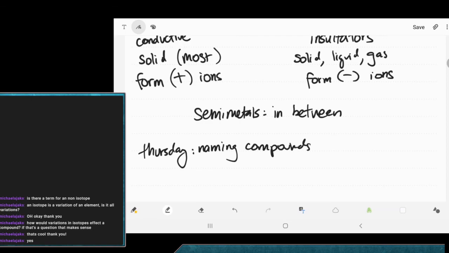So, make sure you have your polyatomic ions memorized by then, alright? That chart of stuff, try and have that at least handy by the time you watch Thursday's video. So, again, that's going to make things a lot easier when we have those in mind. So, we'll start learning how to name compounds on Thursday.